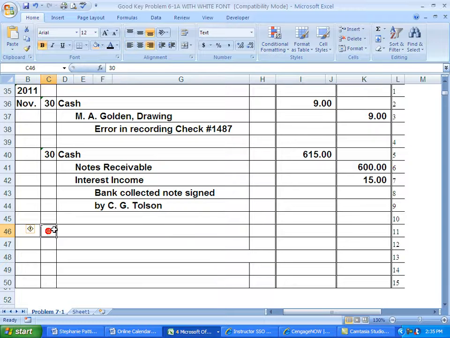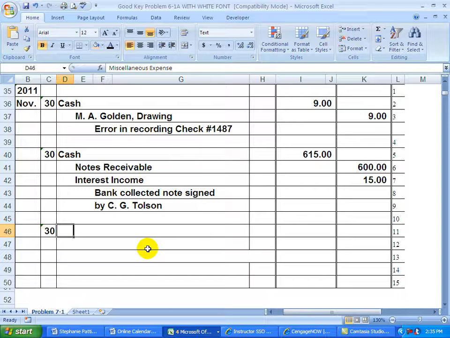Last, we have to deal with that $9 or $29. The bank charges $29 for our bank service charge and for collecting that note. So we want to record our bank expenses in miscellaneous expense. There's no use having a bank service charge account, which you would only use once a month for a small amount.